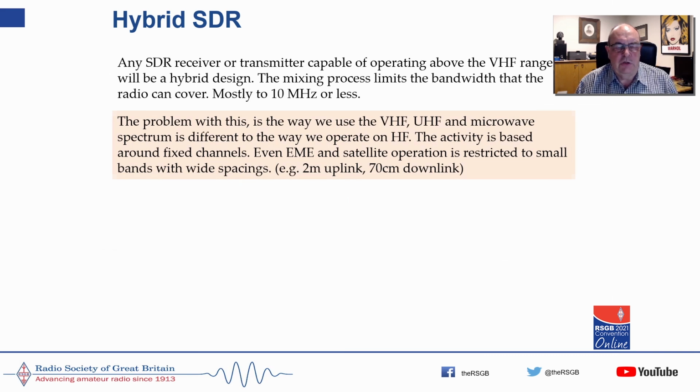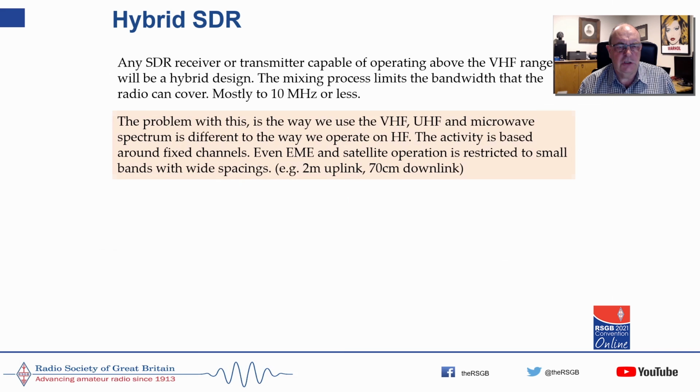On HF, we tune across the bands. On VHF and UHF, the activity is based around fixed channels generally. Even when it isn't, like in EME and satellite operation, it's restricted to small bands with wide spaces between them.